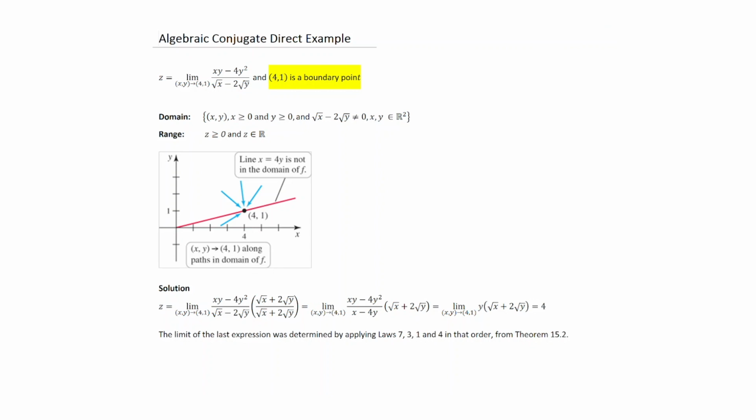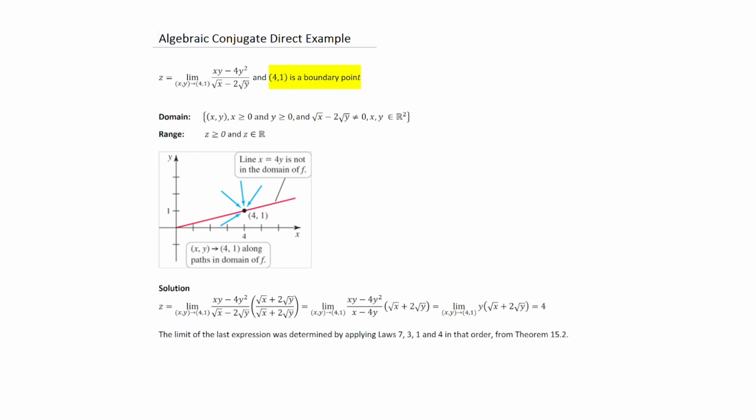Now we're talking about what the range is. Well, if you look at the values here, you'll realize x must be greater than or equal to 0, and y must be greater than or equal to 0. And so that basically means that z values can only be greater than or equal to 0. And so that's how we get the range that was shown earlier.